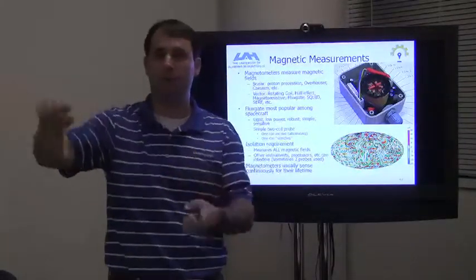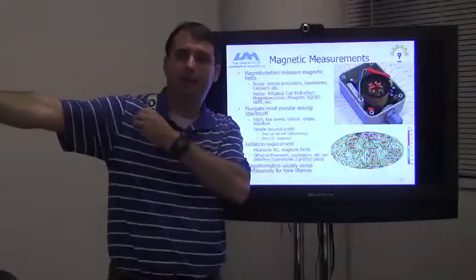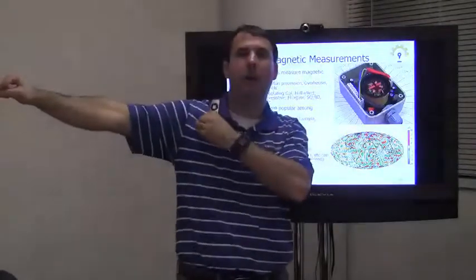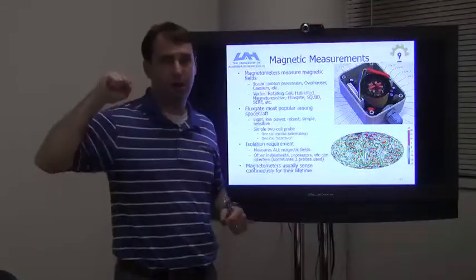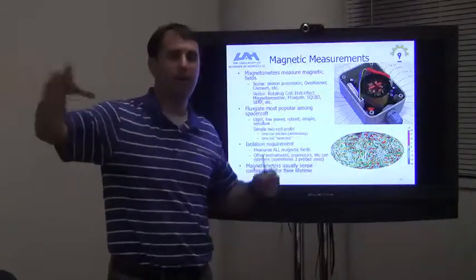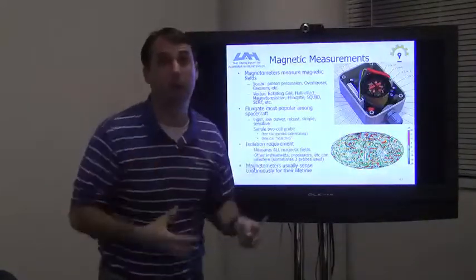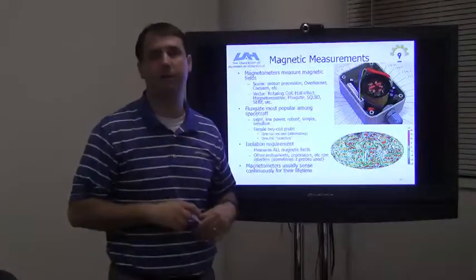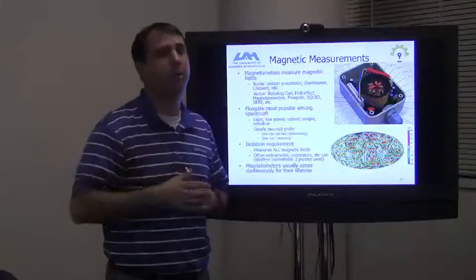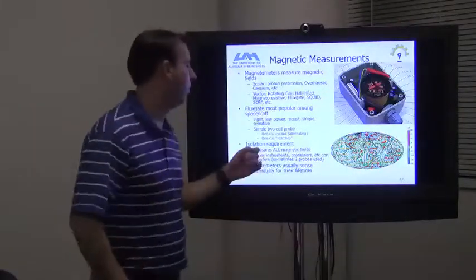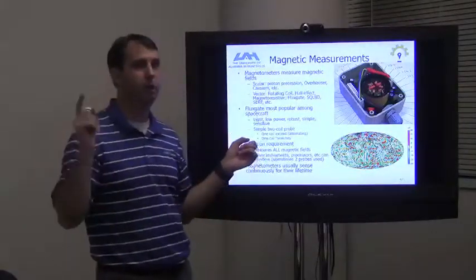And then we put 2 of them on there. We put a magnetometer at the end of the boom, and then we also put a magnetometer at the base of the boom. So we want the magnetometer so far away from all the spacecraft junk that creates its own magnetic field. We don't want to measure the magnetic field of the spacecraft. We want to measure the magnetic field of the planet that we're at. Okay, so that's a big deal. The isolation requirement for magnetometers is huge.